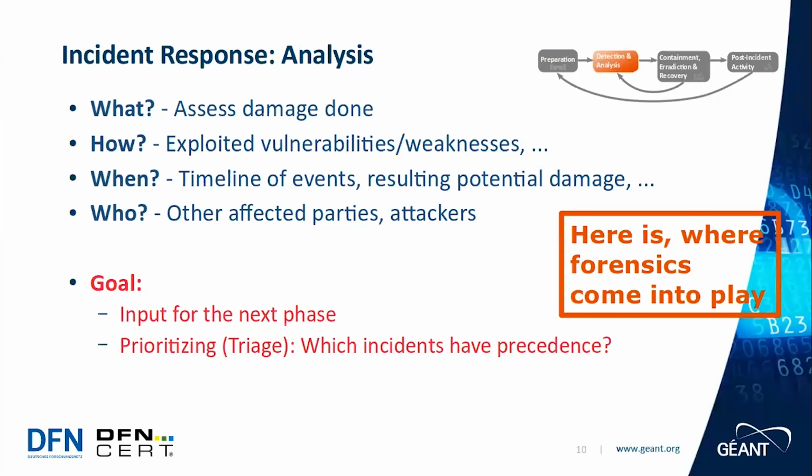We may end up having to handle more than one incident at the same time, and then we have to prioritize which incident is more severe or more in need of addressing, and this has to be done here.